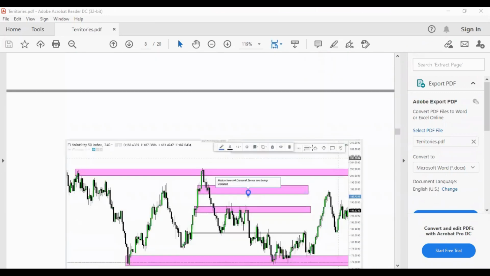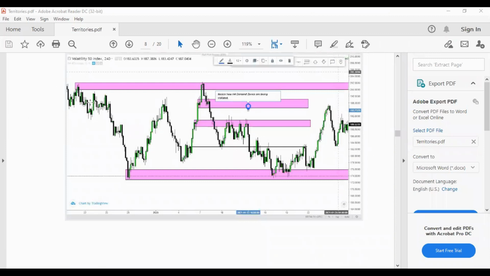So the next thing is, I now label these areas. I've labeled these areas. You can see here that price held this area. Then you see here there's an area of demand here, which has created down, not that good. But it held.